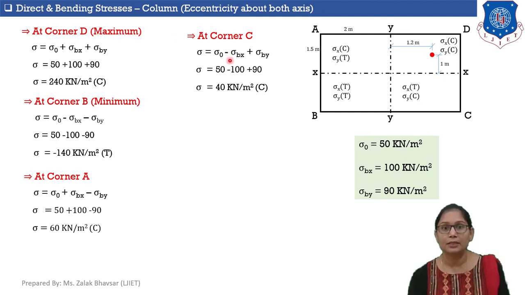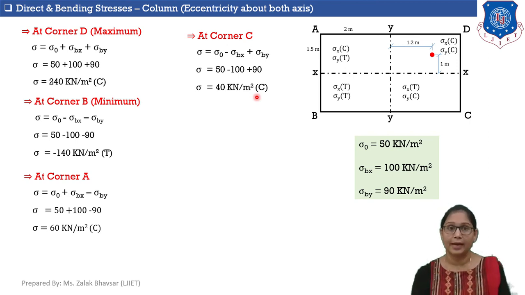So I am taking sigma Bx in the fourth quadrant nearer to corner C as negative, and the y-axis gets compressed. That's why I am considering sigma By, which is bending stress developed in the y direction, as positive. By putting the values of sigma 0, sigma Bx and sigma By, I am getting total stress at corner C equal to 40 kilonewton per meter square. So we have calculated bending stresses and direct stresses developed at all four corners of the column section.